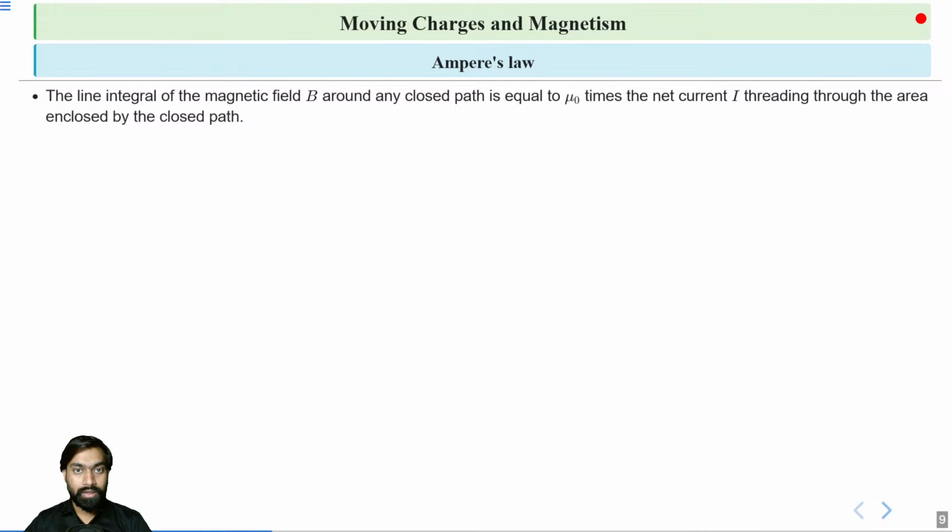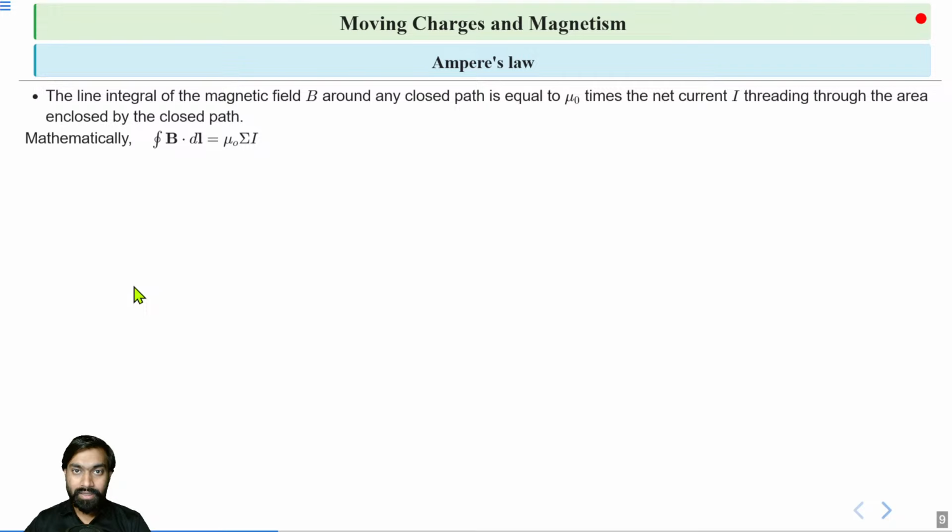Now we will talk about Ampere's circuital law. This law states that the line integral of the magnetic field B around any closed path is equal to the permeability of free space mu naught multiplied by the net current I passing through the area enclosed by that path.